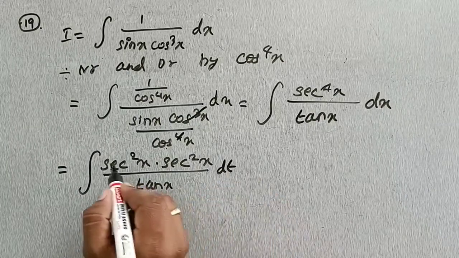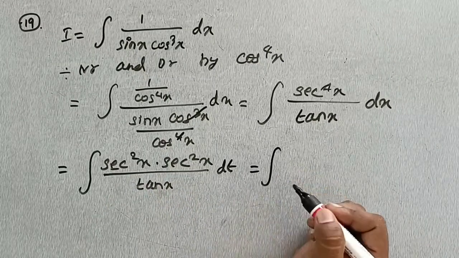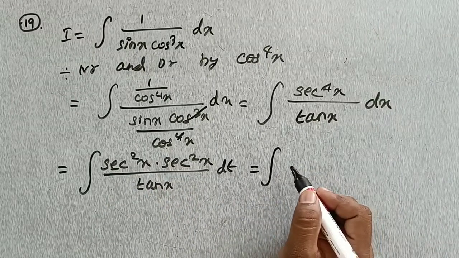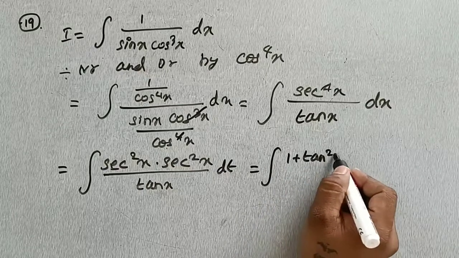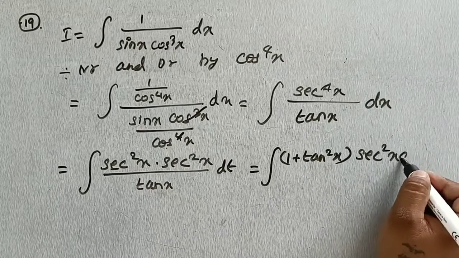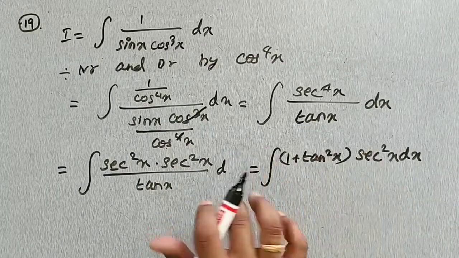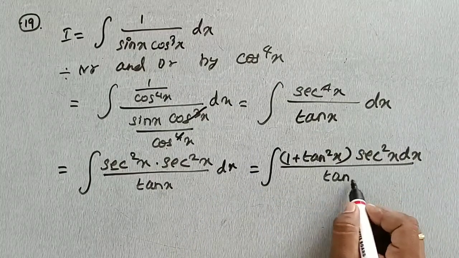Here this secant square x I am going to convert in terms of tan. Converting the secant square in terms of tan means 1 plus tan square equal to secant square. So I am writing 1 plus tan square x into the remaining secant square x dx, not dt, divided by tan x.